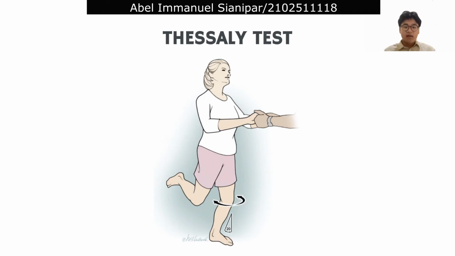In this Thessaly test, this is both more accurate in detecting meniscus tear and easier to perform in outpatients than the other existing tests. This test is performed by a patient standing on one foot fixed to the flat ground. The knee is fixed at an angle of flexion, approximately 5 degrees first and continued with 20 degrees.